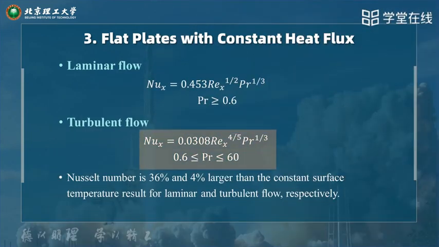For example, Nusselt number x equals 0.0308 Reynolds number power 4 over 5, Prandtl number power 1 over 3. The Prandtl number range is still from 0.6 to 60.